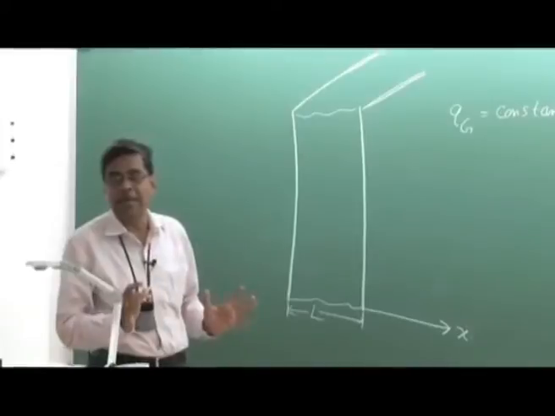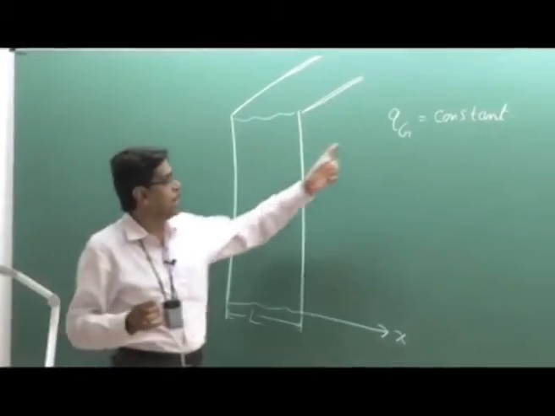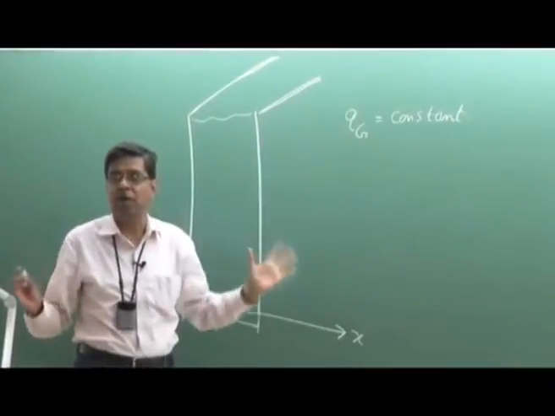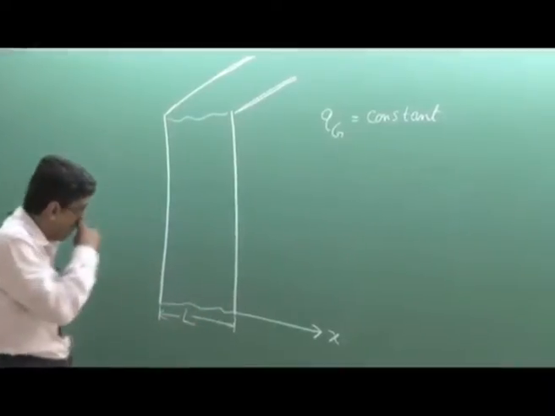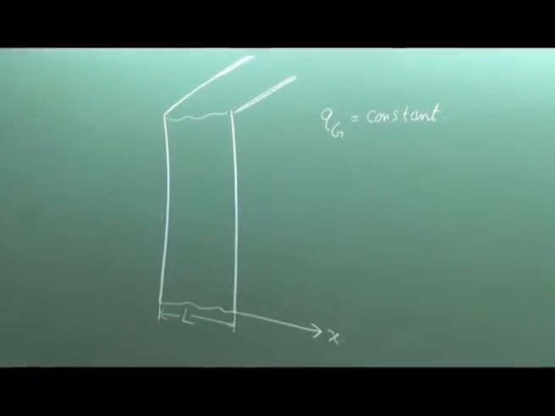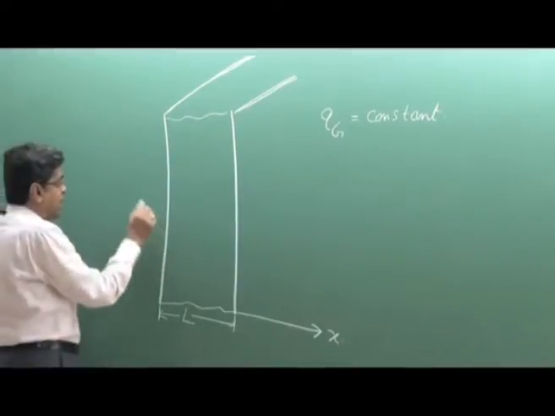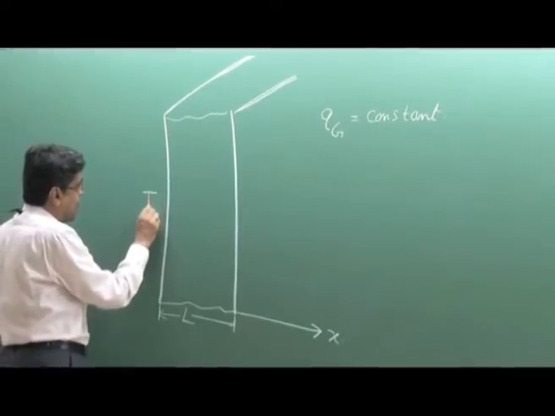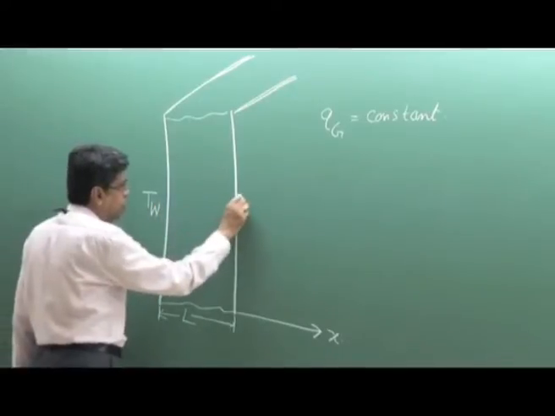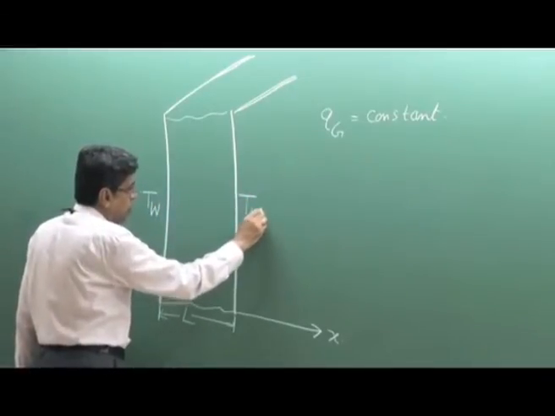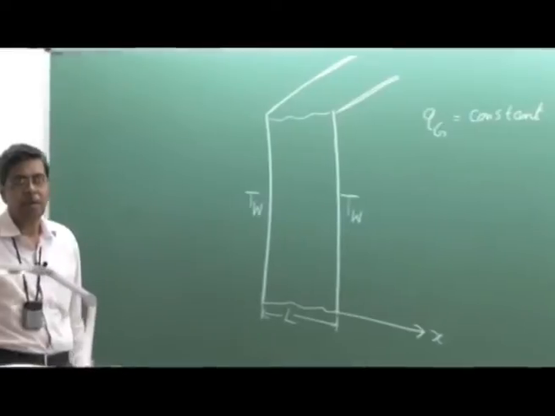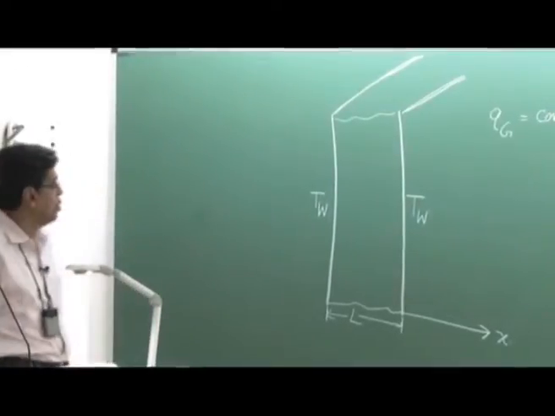So the total thermal energy generated can be expressed as Qg times the total volume. Now, the boundary conditions are prescribed like that. Both the walls are kept at a temperature Tw.